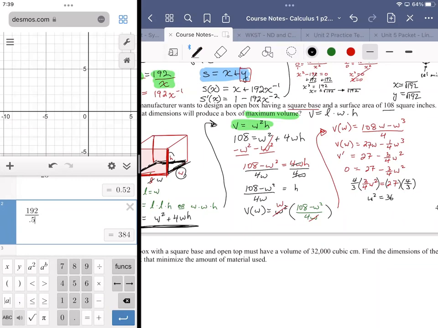After all this mess, for it to be so nice, that's pretty surprising, I think. You get W is equal to positive or negative 6, but our critical value is just going to be W equals 6 because we're talking about the width of a three-dimensional geometric figure. The three-dimensional part is not as relevant as the fact that it's geometric. So we're not concerned about a negative width.